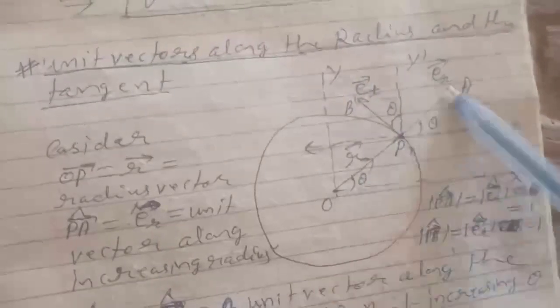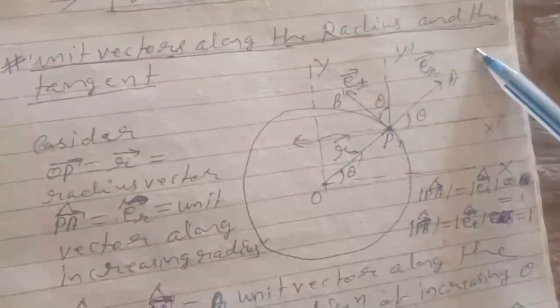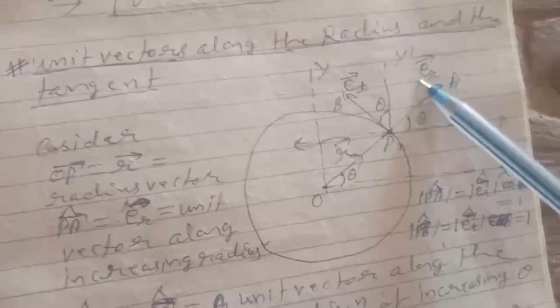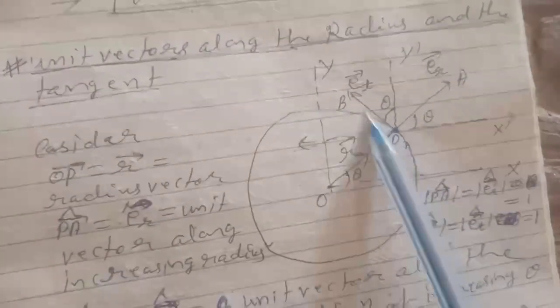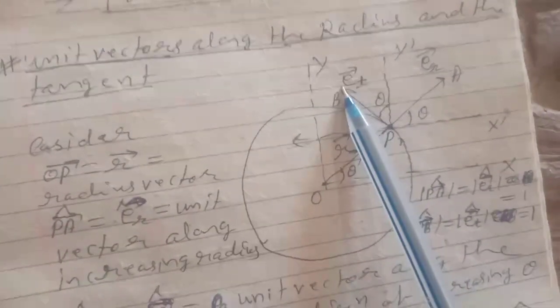So consider a point P at this point. The radius vector is along this, so the unit vector will be along this, and it is represented by ER vector. Again, the tangent to this point is in this direction, and the unit vector along the tangent direction is ET vector, represented by ET or ET cap.